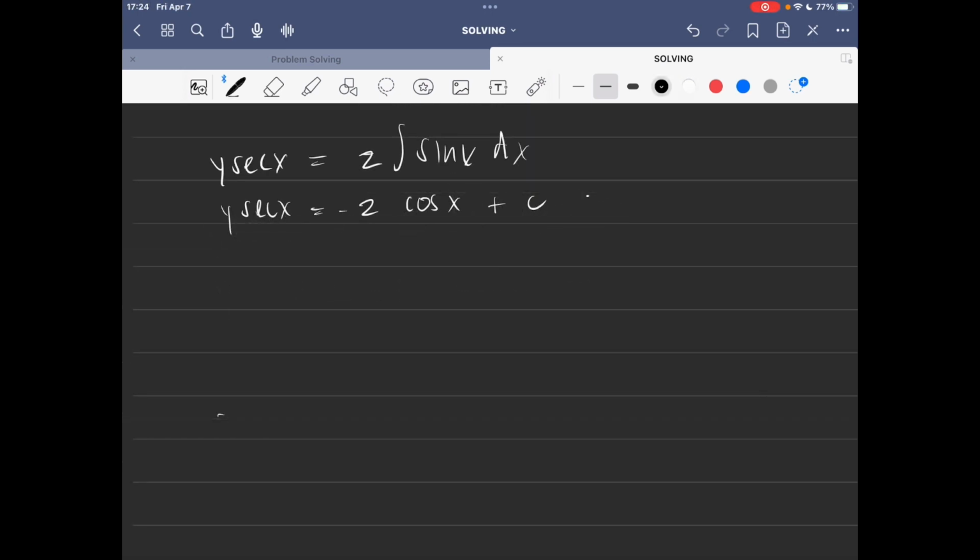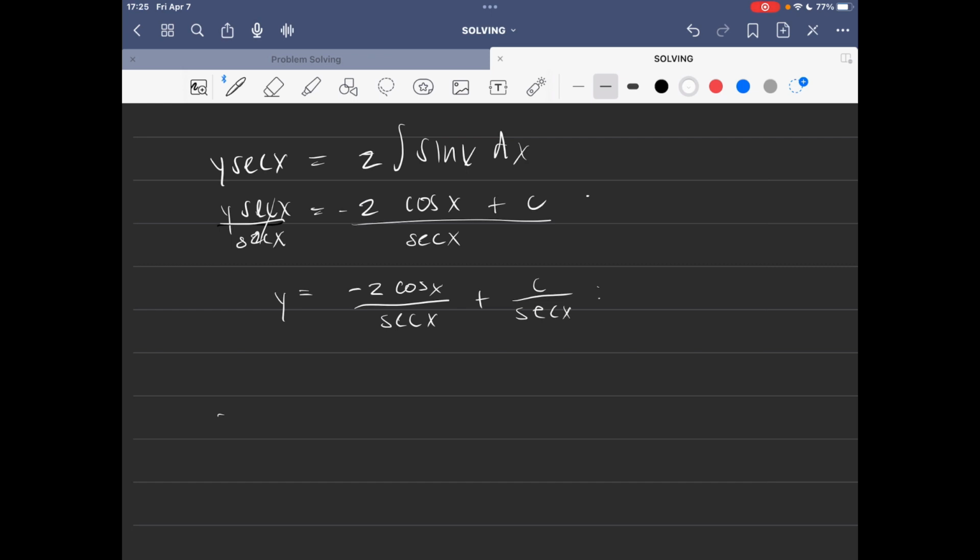So we have to further simplify y, so we divide both sides by secant x, and get y is equal to negative 2 cos x over secant x plus c over secant x.